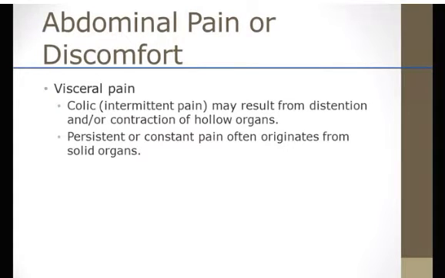Okay? A type of visceral pain is colic, and we hear this term a lot with babies. And colic comes from distension or contraction of the hollow organs, a lot of times very specific to the digestive tract. And that's why we hear this with babies, is their little bodies are trying to, especially newborns, trying to learn to digest their food.